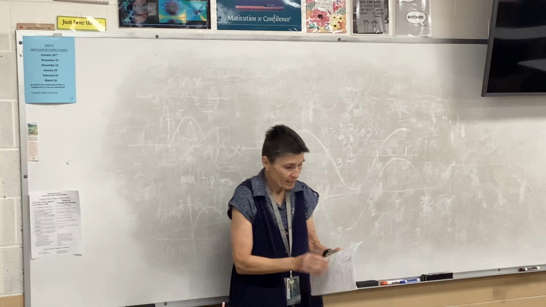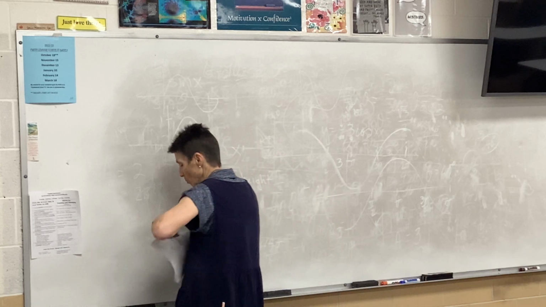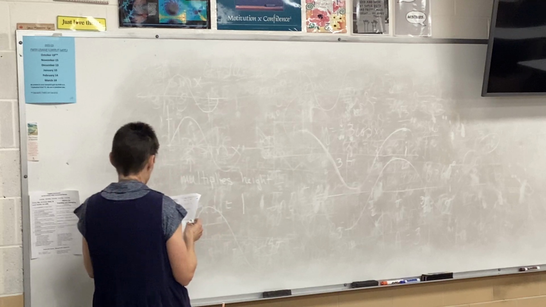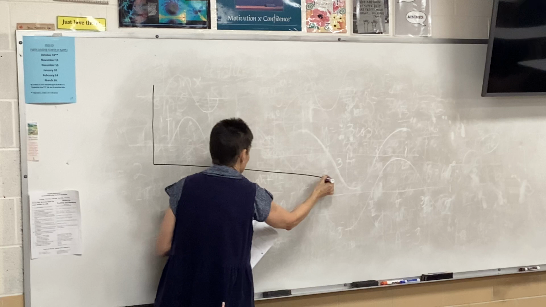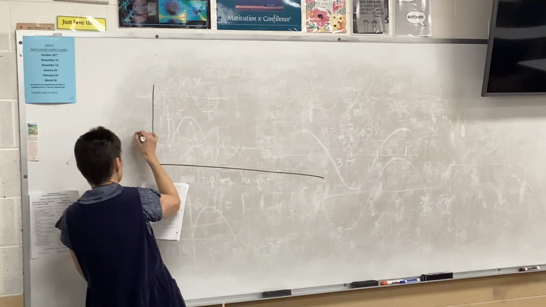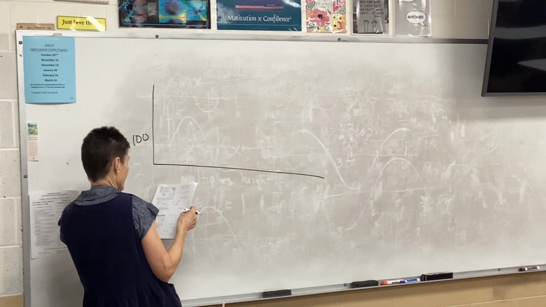4.8 homework, number 7. Says we have a man at the top of a 100-foot building, and he observes a car moving toward him.